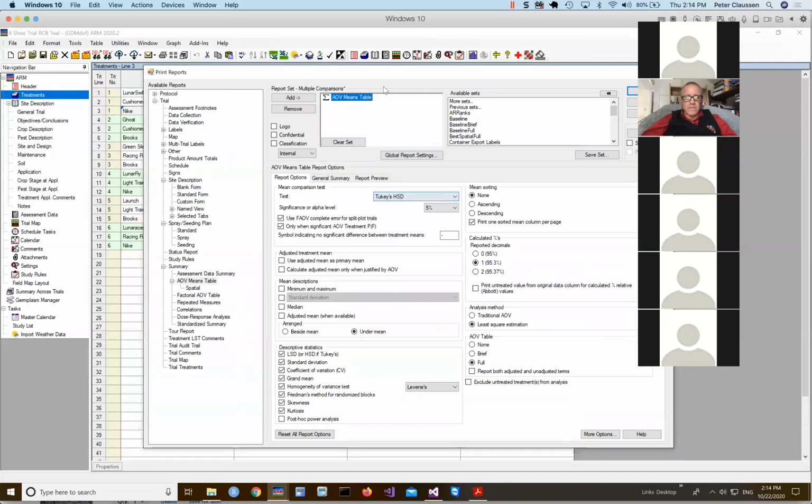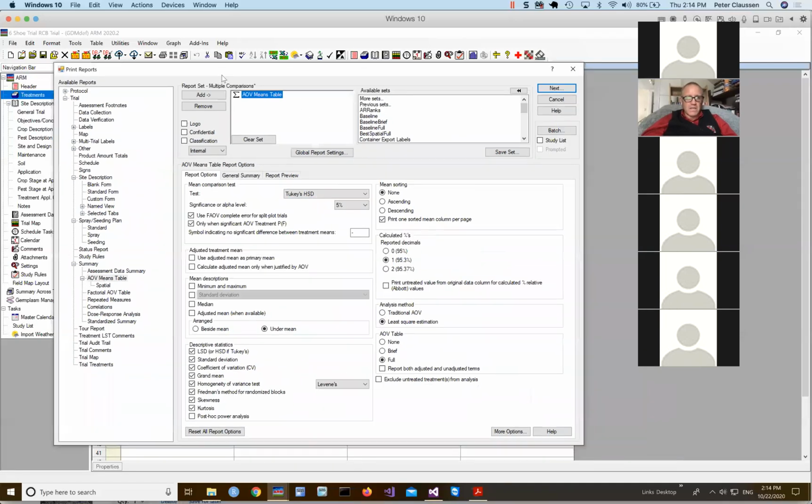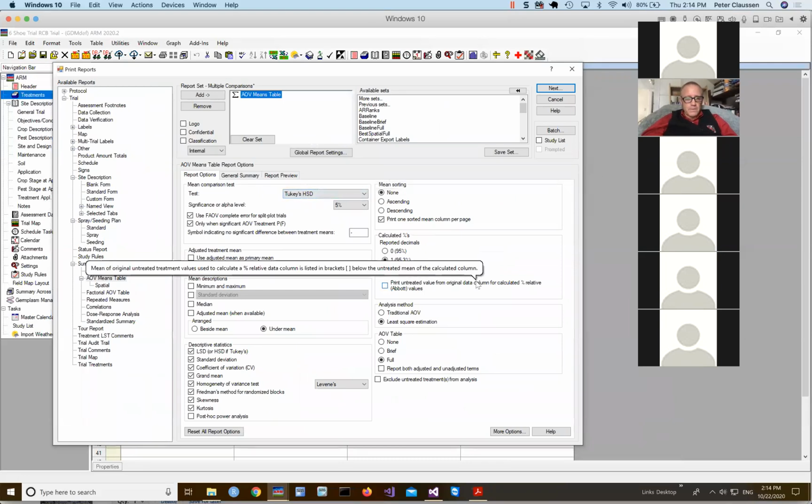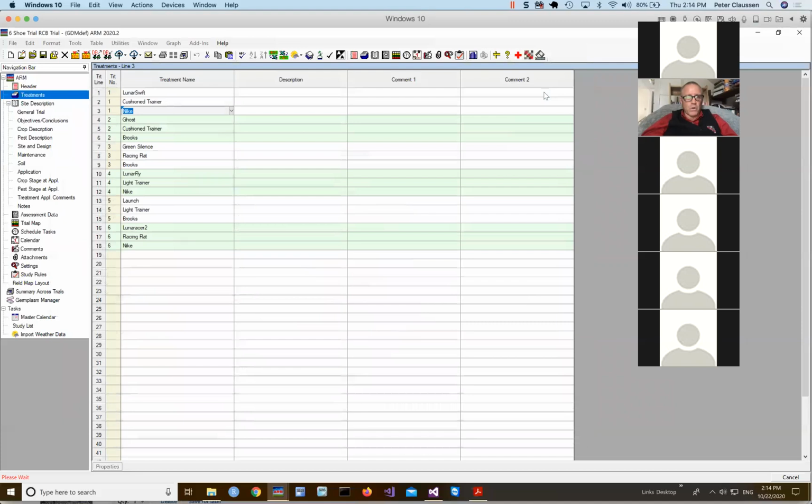I've got Tukey's HSD, and actually for our purposes, Tukey's HSD and LSD won't be much different because there are very few combinations. Well, I'm sorry, and this one Tukey's might make a difference because we do have 6 treatments. But this is a fairly straightforward analysis, and I'm going to go ahead and print the report.